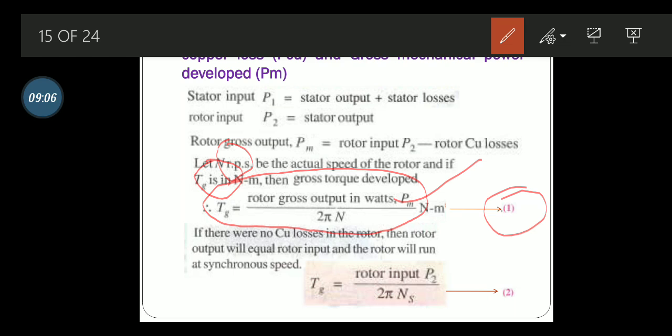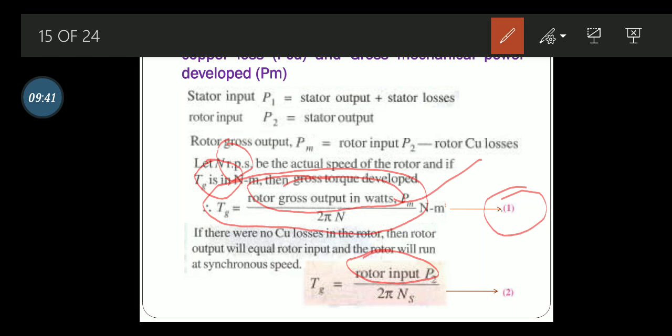If there were no copper losses in the rotor, then the rotor output would equal the input, and the rotor would run at synchronous speed. So in place of the rotor gross output, substitute the rotor input, that is P2.